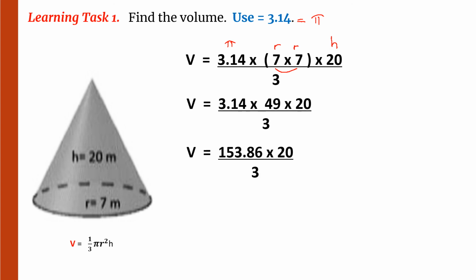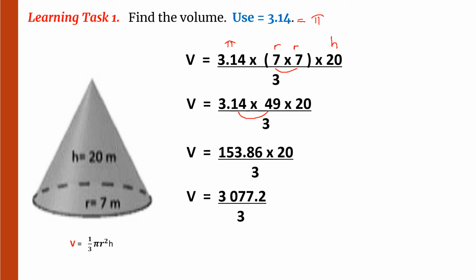Next, let us continue. We have 153.86 times 20 all over 3. Saan naman galing ang 153.86? It is the product of 3.14 and 49. Next, we have 3077.2 over 3.